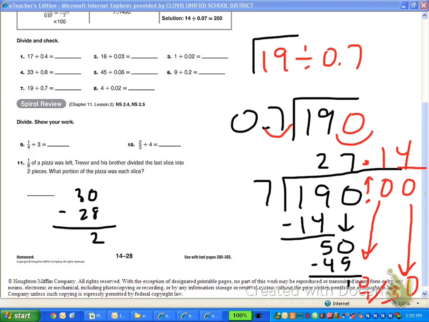So I'm going to have to add another 0. And 7 goes into 20 3 times. Sorry, 2 times. Add another 0. And 7 goes into 60 8 times.